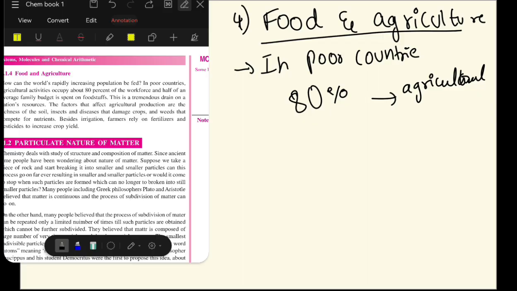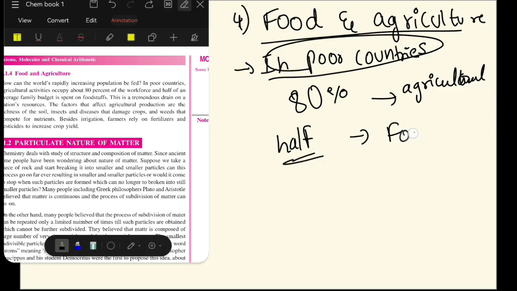So in poor countries, 80% of the population rely on agriculture, and about half of the wage, half of the family budget, is spent on foodstuff.